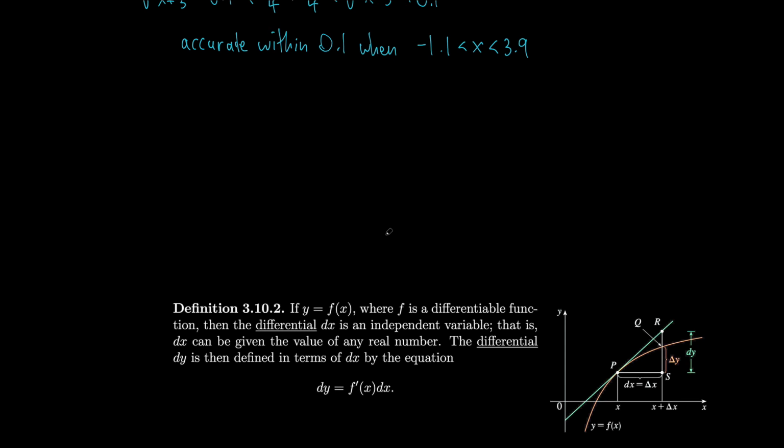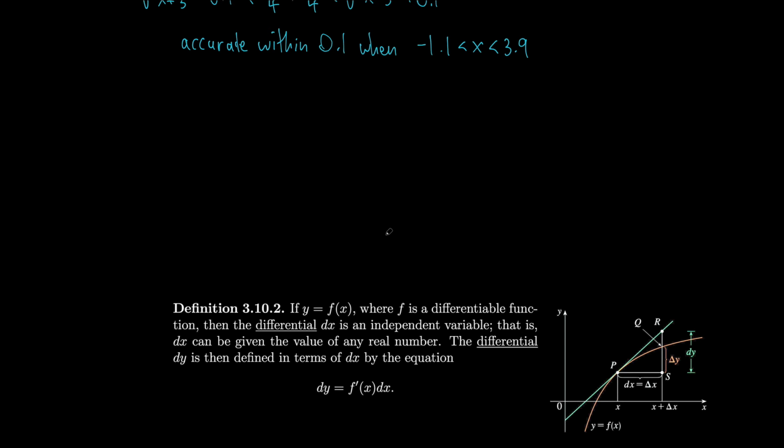If y equals f of x, where f is a differentiable function, then the differential, dx, is an independent variable. That is, dx can be given the value of any real number. The differential dy is then defined in terms of dx by the equation dy equals f prime of x dx.